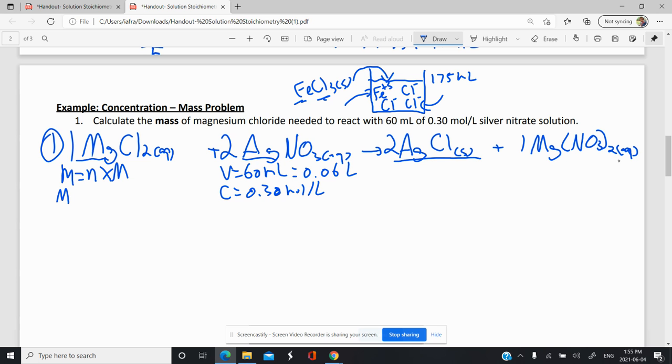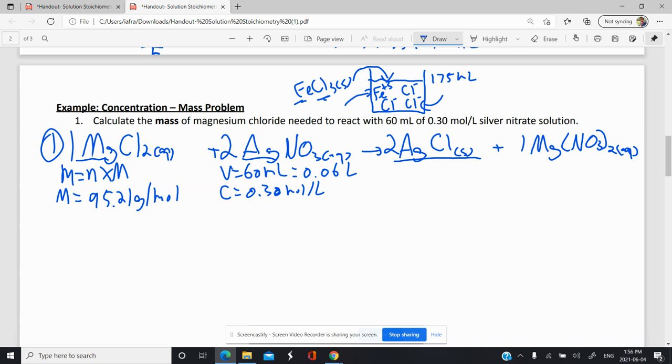So I'm just going to write out the molar mass over here. So for magnesium chloride, it's 35.45 times 2, plus the magnesium, which is 24.31. And I get 95.21 grams per mole.